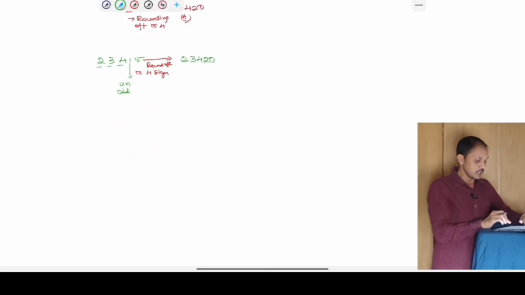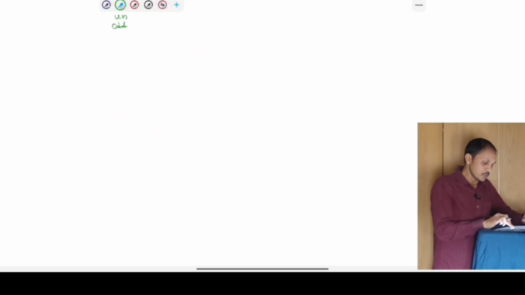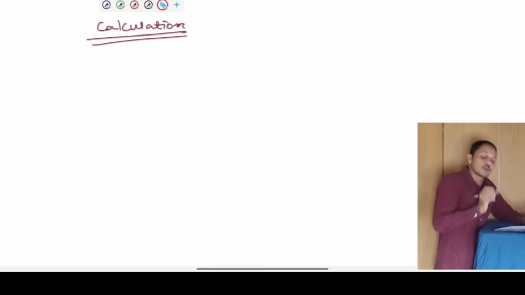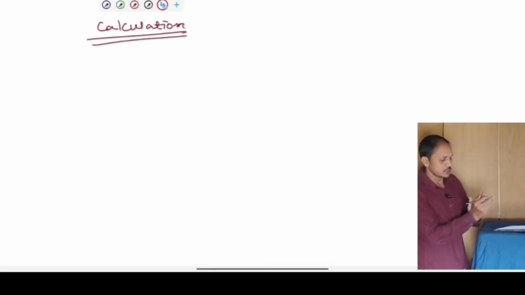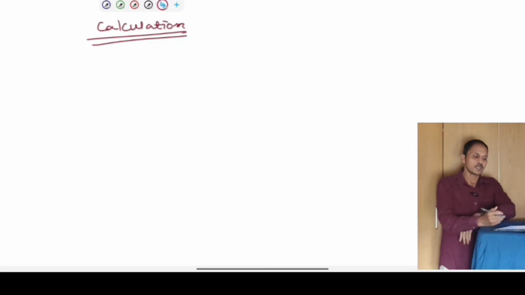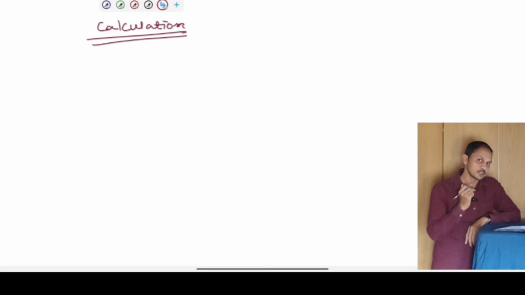Now what next? Calculation with significant figures. So we are doing either multiplication or addition, then the result also will depend on how many significants are there in the data. Based on that, we have to round off the result.